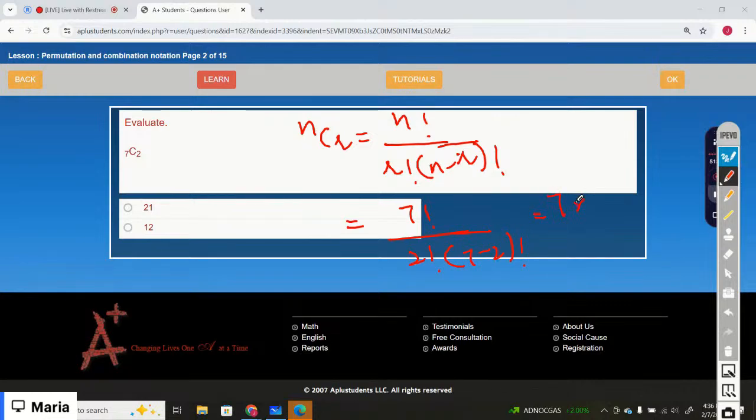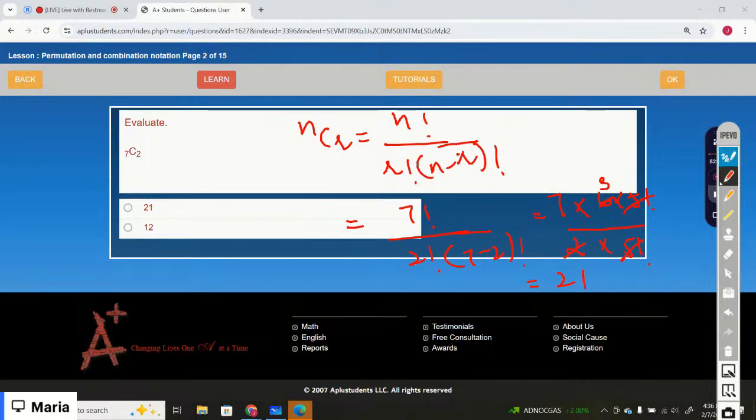So that is 7 times 6 times 5 factorial divided by 2 and 5 factorial. So 5 factorial cancels out. 2 times 1 is 2, 2 times 3 is 6.